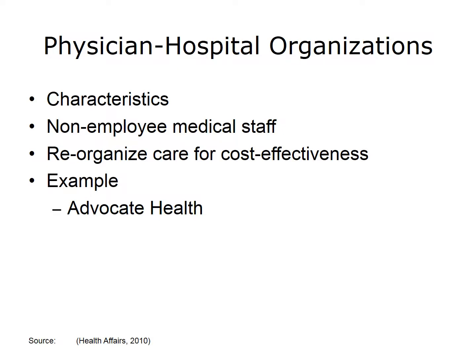Physician hospital organizations combine hospitals and physicians who are not employed by the hospital to negotiate contracts and manage various clinical care components. Some of these, such as Advocate Health in the Chicago area, have begun to reorganize care to be more cost-effective and focus on quality and value of care. These relationships and experience provide a strong foundation for building an ACO.